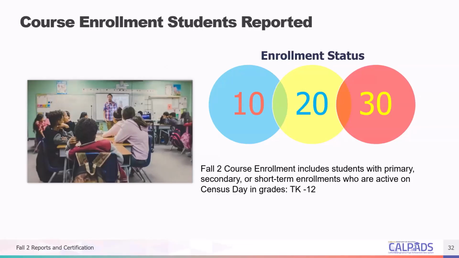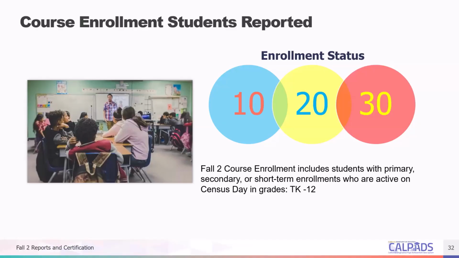So it is expected that every primary and every short-term enrolled student has a student course section record submitted. That's every student who's enrolled on census day with a 10 enrollment status or 30 enrollment status. If you fail to have at least one student course section record, you will receive a fatal error. You will receive a warning if you do not report course section records for short-term enrolled students.